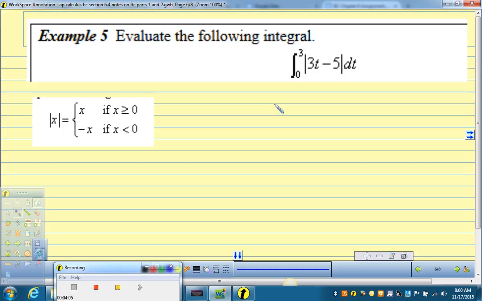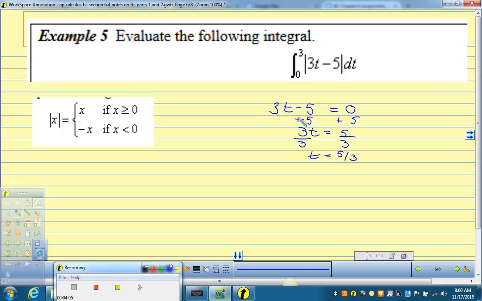We want to find where that 3t minus 5 equals 0, which is where? Yep, we're going to add our 5. 3t equals 5, divided by 3, divided by 3, and we get t equals 5/3. What is that for the graph of absolute value of 3t minus 5?